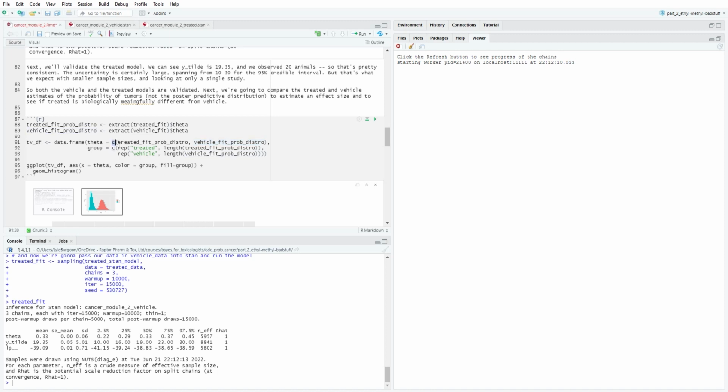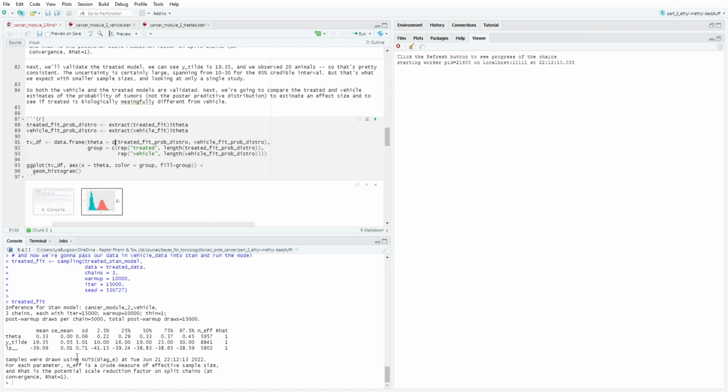And I know that's what's happening because I'm using c. c is kind of like the concatenation function. So it's going to concatenate one vector onto another vector. And that's what I'm doing. I'm concatenating one vector onto another vector, and that vector becomes my column called theta. And I'm doing the same thing for group.